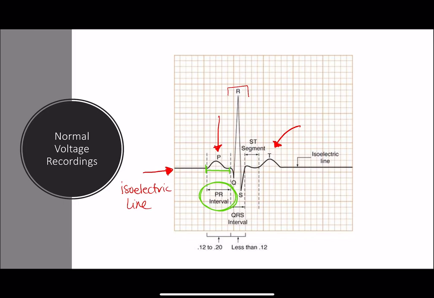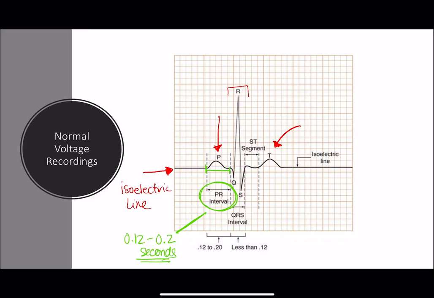Your PR interval should be between 0.12 and 0.2 seconds. This is the time it takes for the electrical potential to go from the SA node all the way through the atria and through the AV node, right?